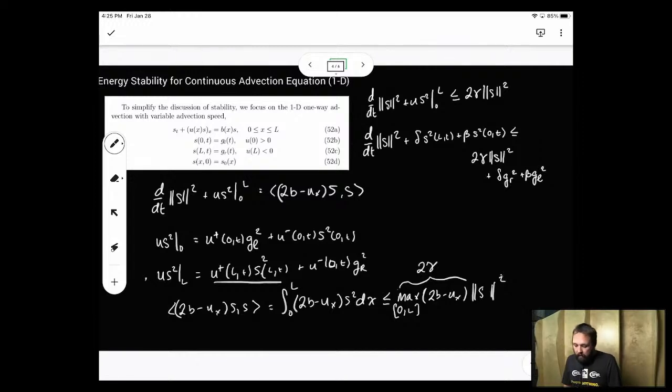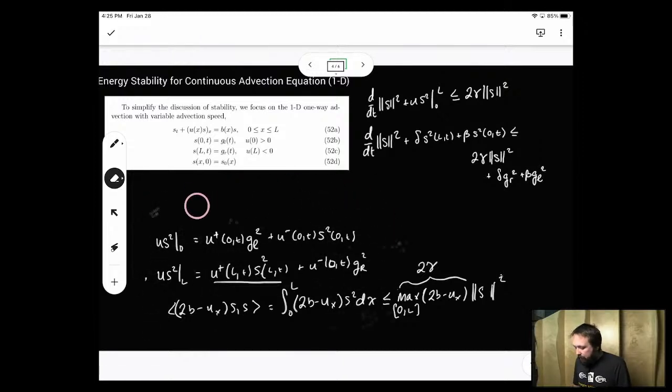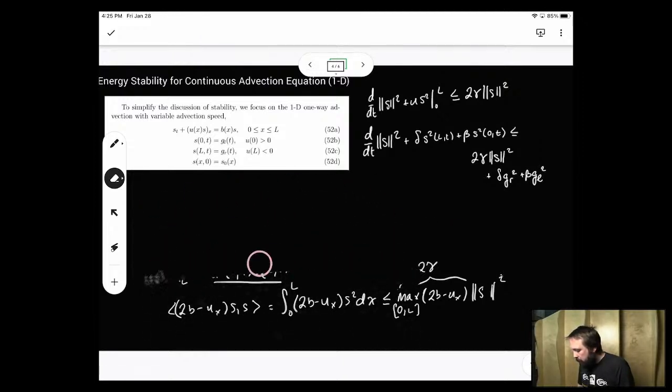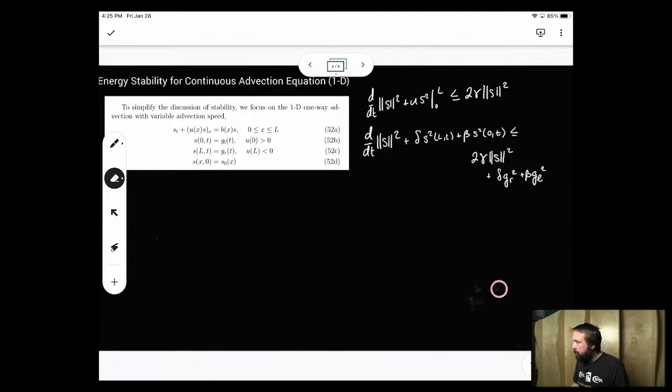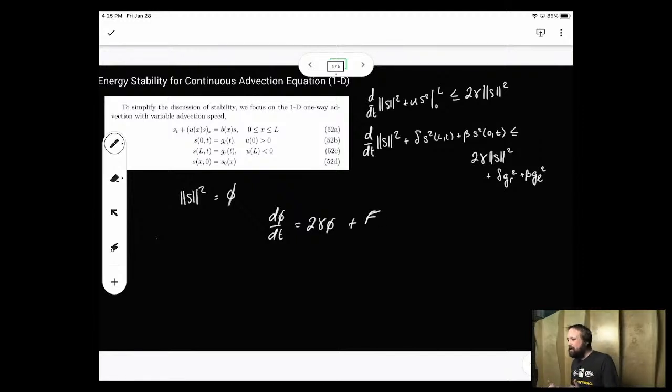So if we think about this, and this is the part I'm going to kind of wash over because, one, if you've done ordinary differential equations for a semester, you know the method of integrating factors, and so you can kind of see where this is going. But essentially, if you think about s squared being your variable for your ODE, I don't care what you call it, phi, what we have is d phi dt equals 2 gamma phi plus an inhomogeneous term.